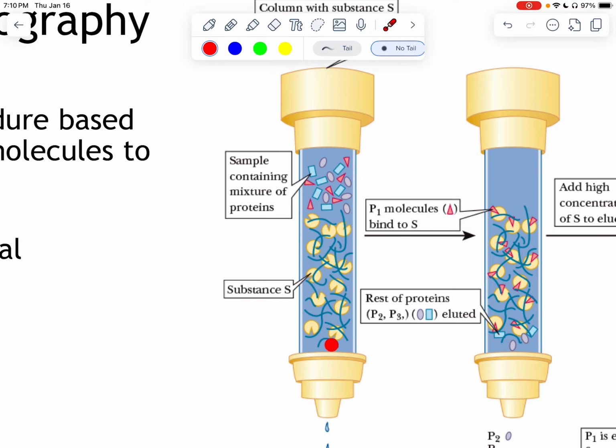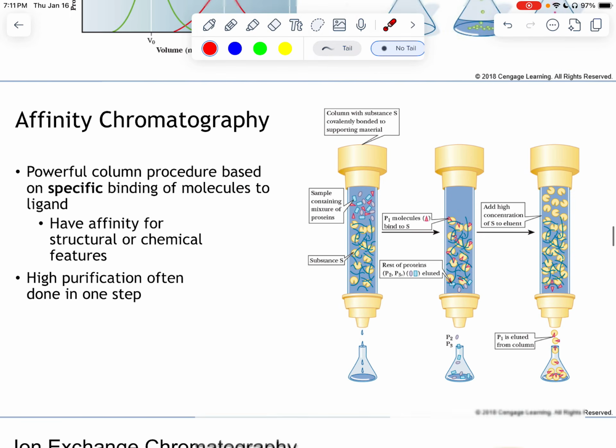Those yellow pieces are not moving. They are staying there. And as this moves through it, those that fit, that bind to it, will stop and get stuck, whereas the other ones will move on through and move out.